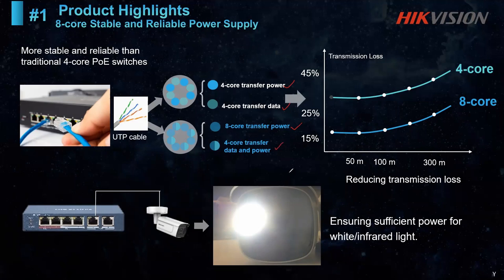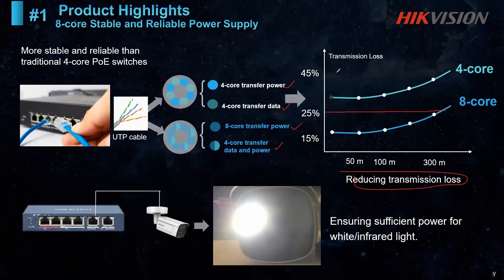Which is a very good initiative and a very good technology that we can definitely reduce the transmission loss. So as you can see in this chart, on the x-axis, we are showing the loss from 15%, 25% like that. And when the cable length is high, definitely there's a loss of transmission of what you are transmitting through the network. So as you can see, when the transmission distance increases, with 8 cores, the transmission loss is around 25%.